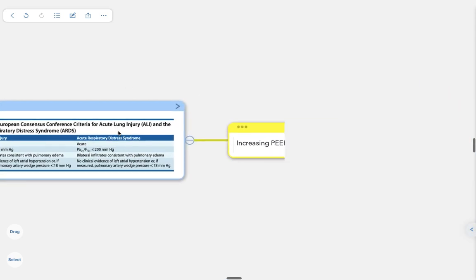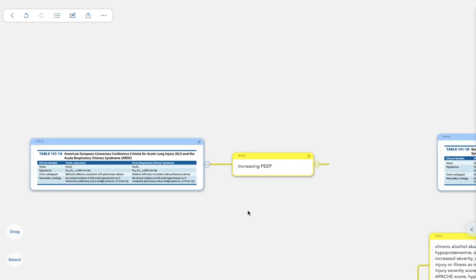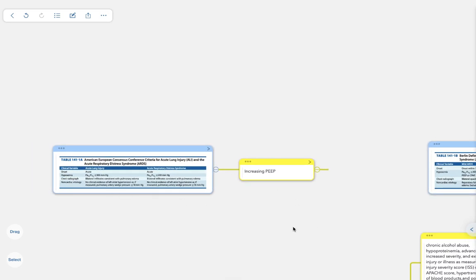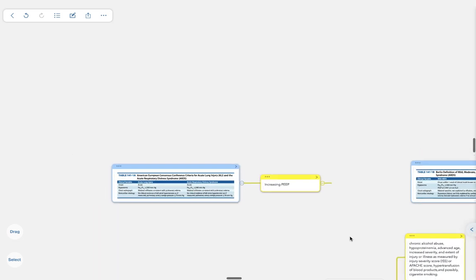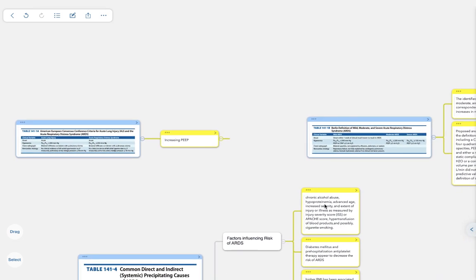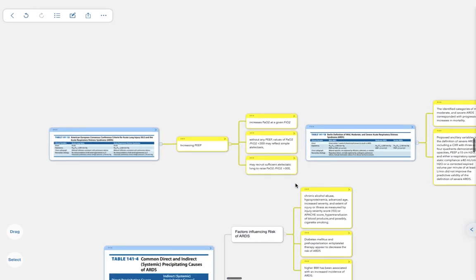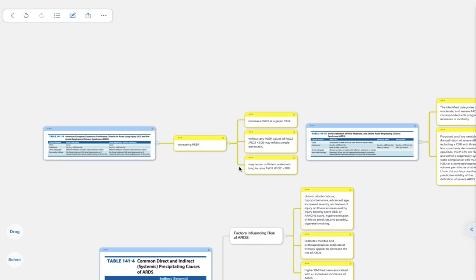So, if by this definition we're saying that the PF ratio falls below 300, without asking about the PEEP at which this was measured, it can also occur in cases of atelectasis. That is what they're trying to signify over here. Thirdly, PEEP may recruit sufficient atelectatic lung to raise the PF ratio to more than 300. So, that is why PEEP is very important.